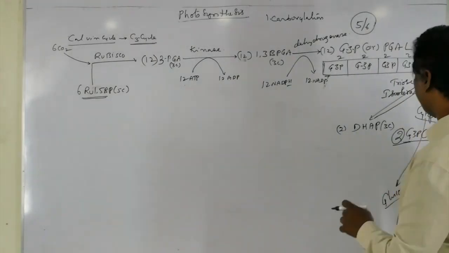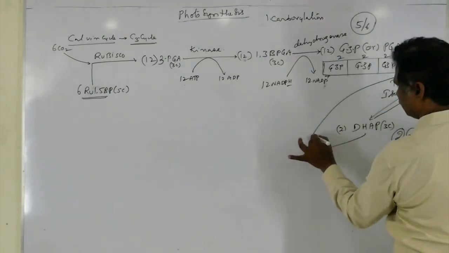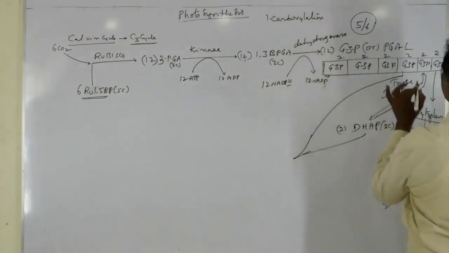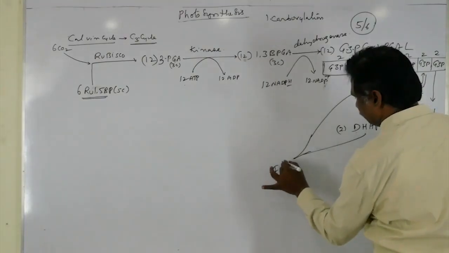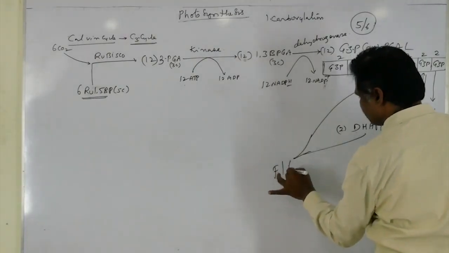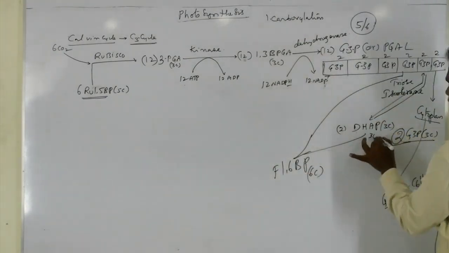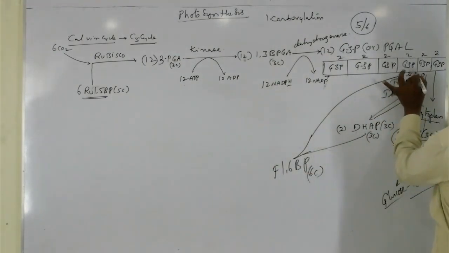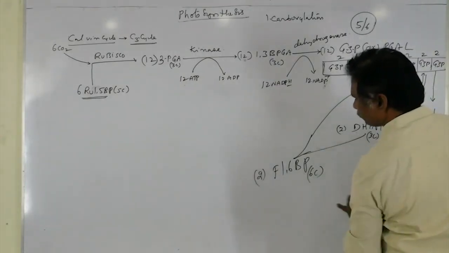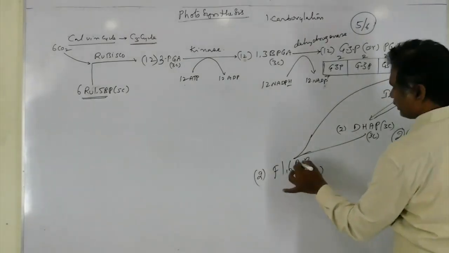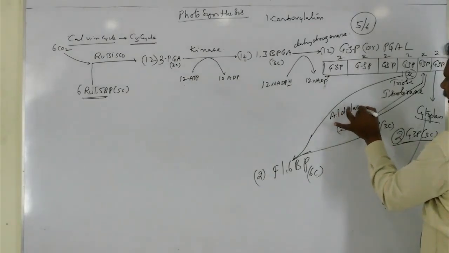In the next step, DHAP is combined with another G3P molecule, producing fructose 1,6-bisphosphate. It has 6 carbons: 3 carbons from DHAP and 3 carbons from G3P. This occurs in the presence of the enzyme aldolase.